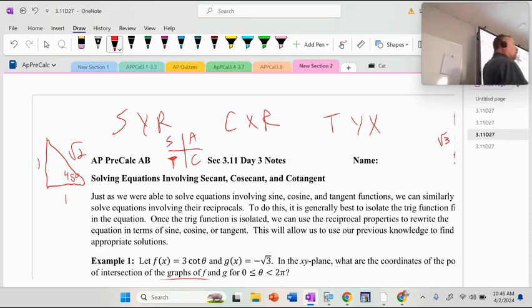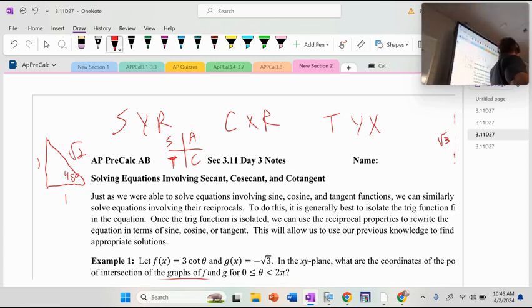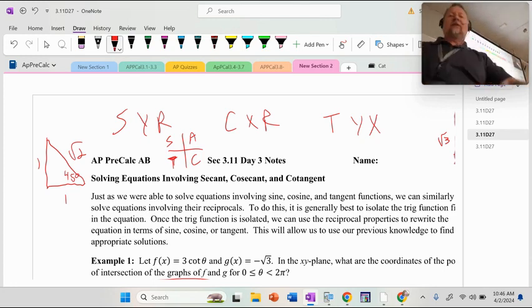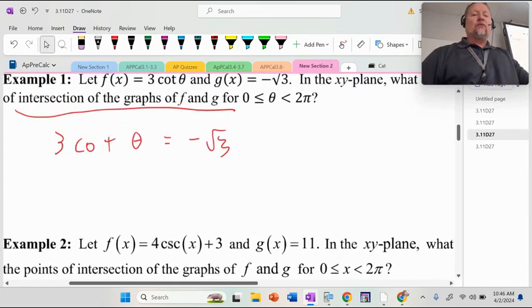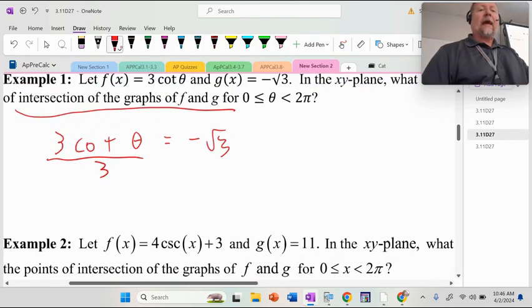We've already done this. This is just reiterating in your brain after break what we should know. Secant is r over x. Cotangent is x over y, not y over x. So I had to put that back again in case you don't know this right off the bat. Many of you do, though.